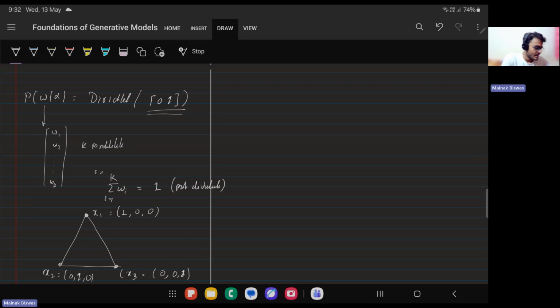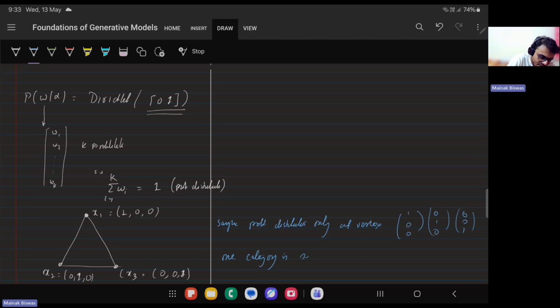What it does is sample probability distributions only at the vertices. That is 1, 0, 0, 0, 1, 0, and 0, 0, 1. That is, one category is selected at one time.